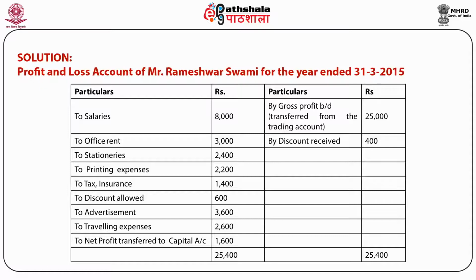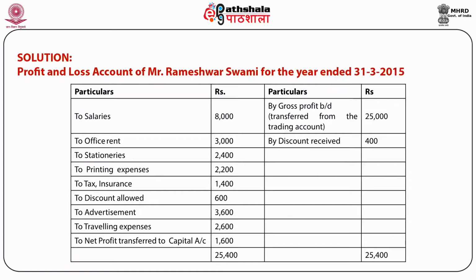For the purpose of calculating the balance of this account, the credit side is compared with the debit side, and the credit side is more than the debit side. It means the income of the firm is more than the expenditure of the firm. The balancing figure is net profit, and we will transfer this net profit to the capital account.